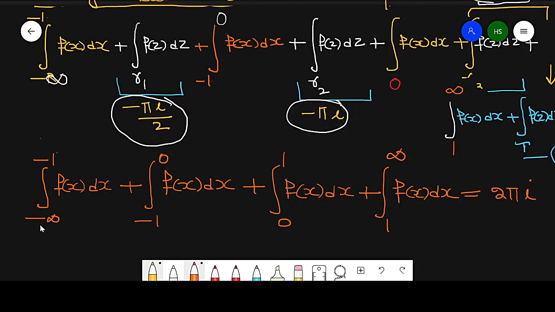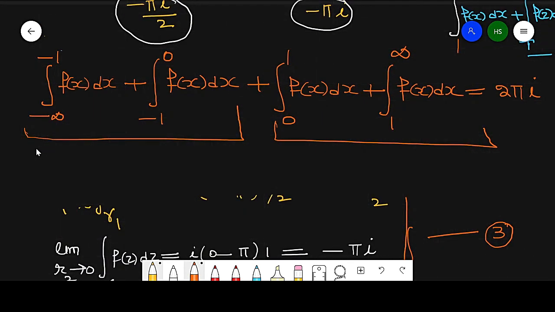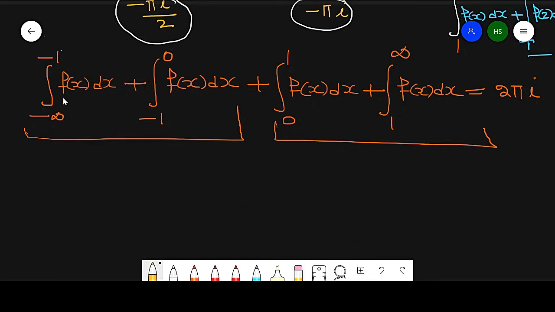Now this integration is minus infinity to minus 1. These two terms combined give minus infinity to 0, and this is from 0 to infinity. So what we get is the integration from minus infinity to infinity: minus infinity to minus 1, minus 1 to 0, 0 to 1, 1 to infinity.